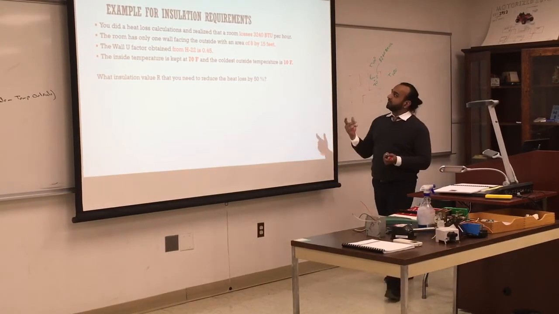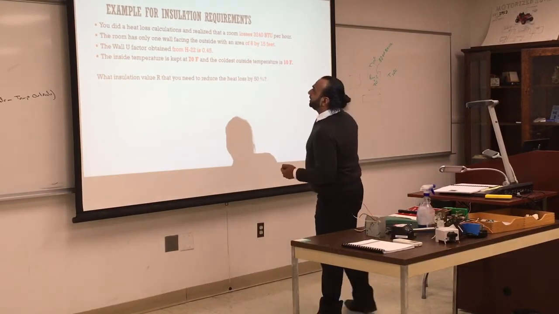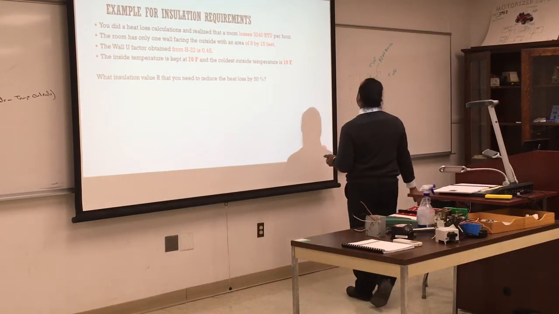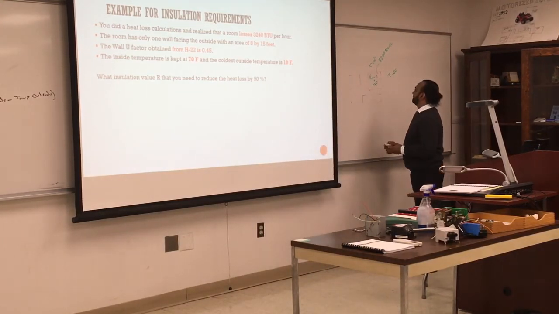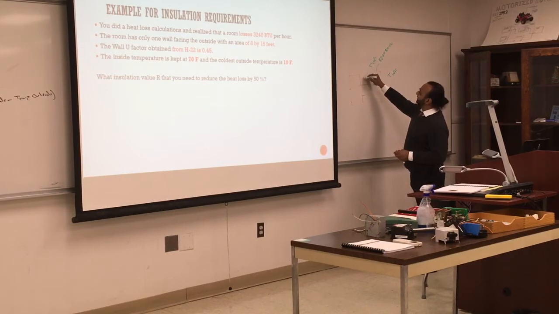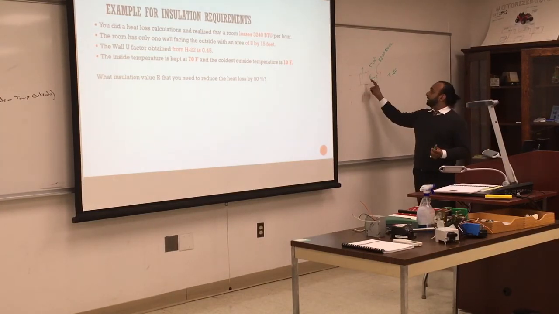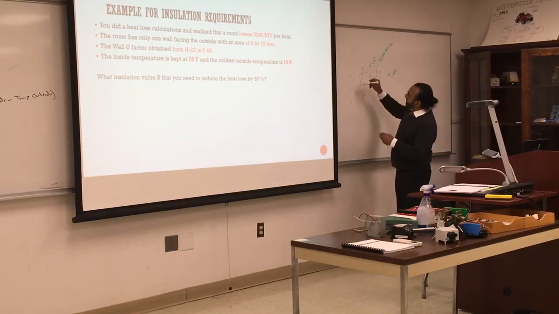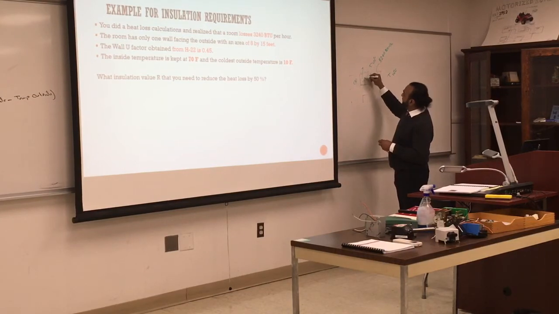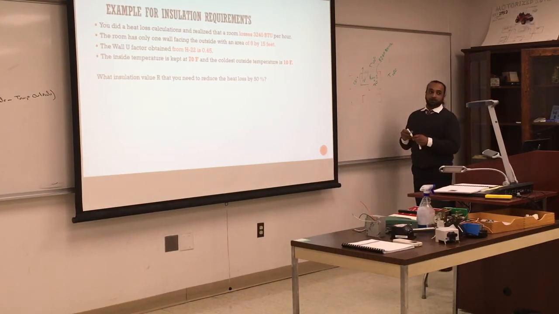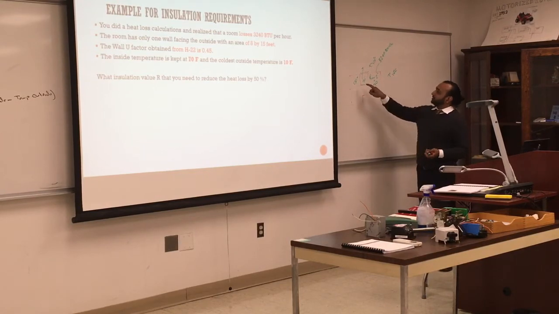Okay, the room has only one wall facing the outside. Let's make it this room, with one wall facing the outside. These rooms are all going to be 70, 70, 70. So Jacob, if this room is 70 and this room is 70, is there any heat transfer?